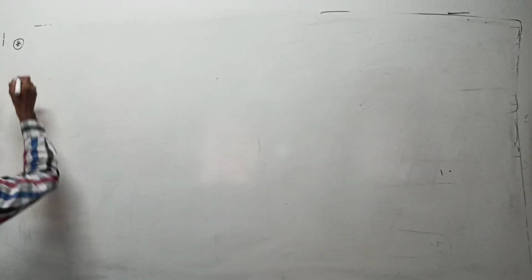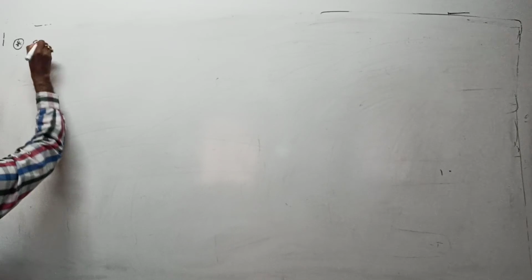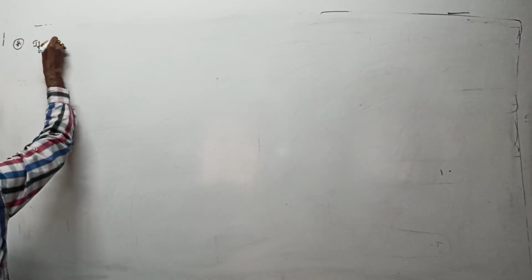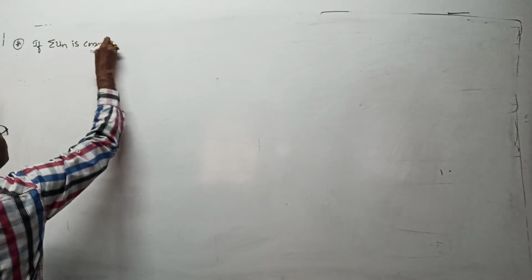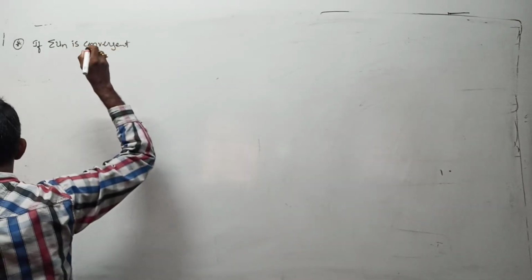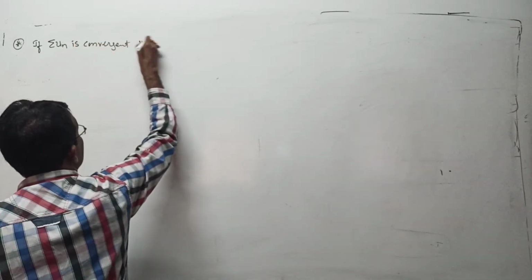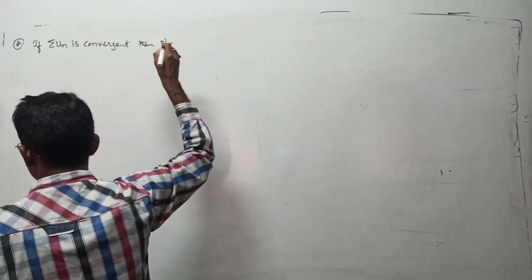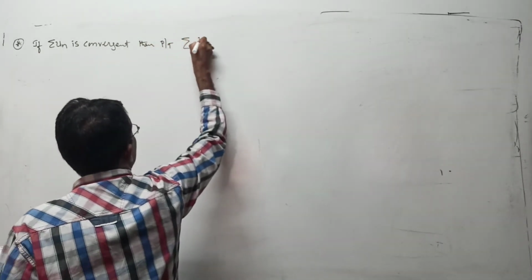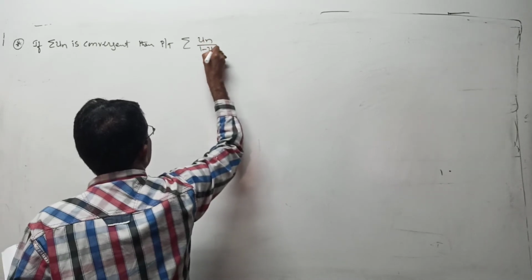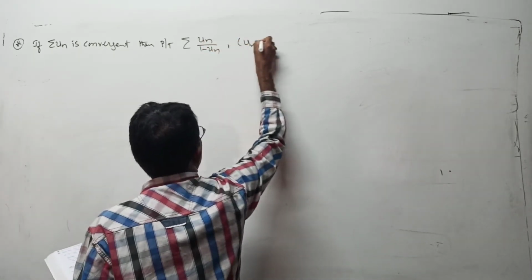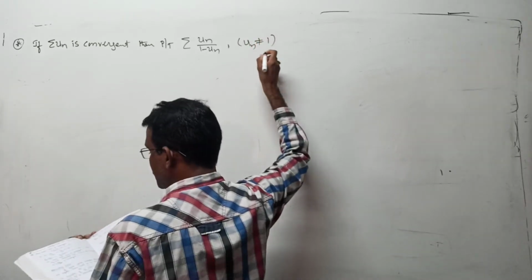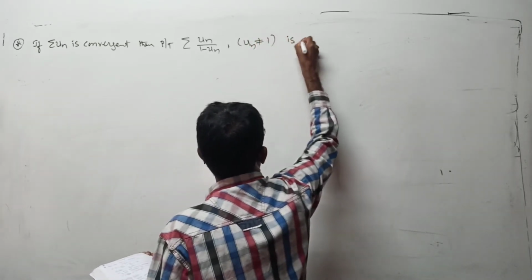That question is, if sigma u_n is convergent, then prove that sigma u_n by 1 minus u_n, for u_n not equal to 1, is convergent.